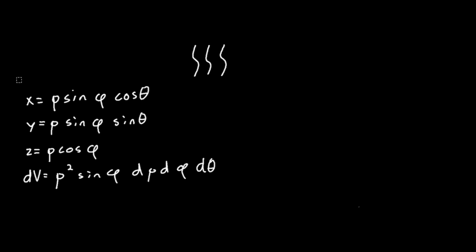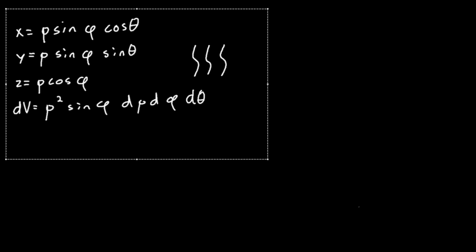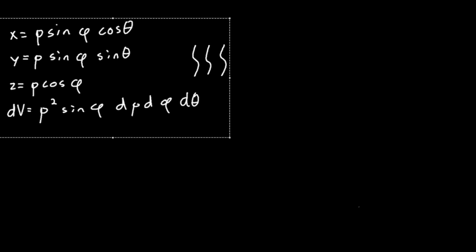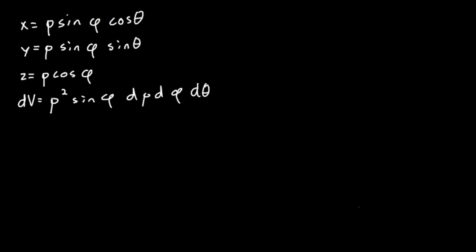Now again, I will teach this later. It would be in your unit on Jacobians, but for now just memorize that, because that is a later topic in calculus 3. Remember this is your transformation factor. It is what you multiply your function with.